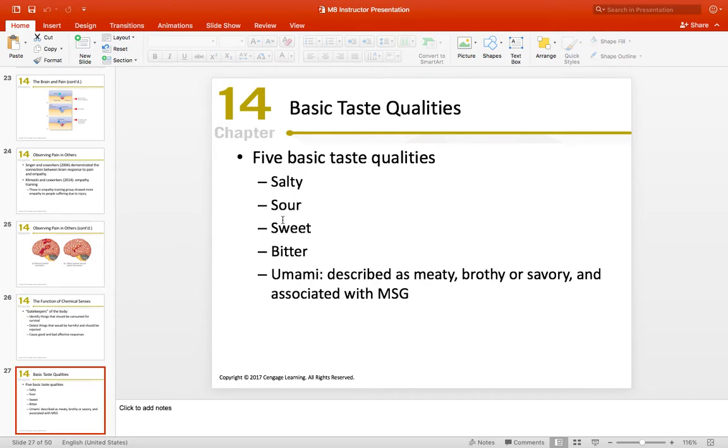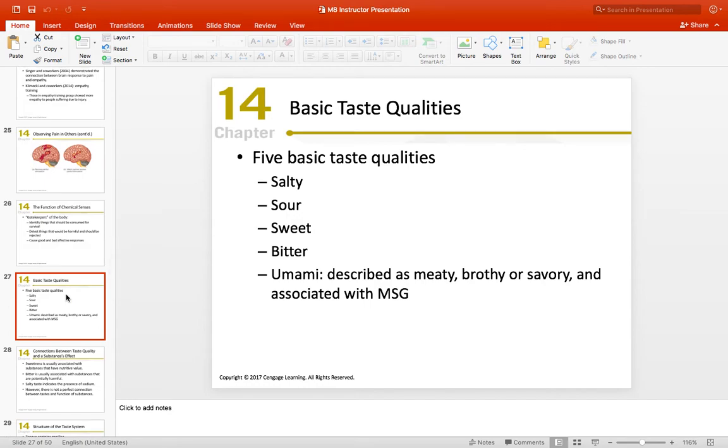But here you have the basic taste qualities: salty, sour, sweet, bitter, umami, which is sort of interesting. I don't know if any of you like this. This is that MSG type taste. It's meaty, brothy, savory. This is a very good taste, I think, but it's generally associated with things that might not be good for you, but still very tasty. I guess it depends on what more precisely you're eating.